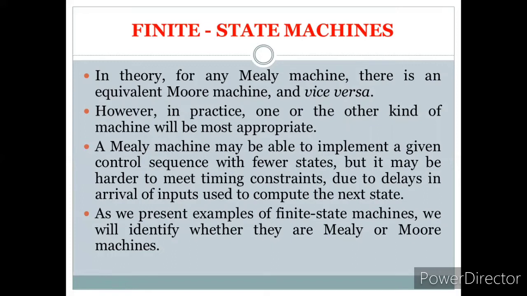So the advantage of the Mealy machine is that it takes fewer states, but there is a problem of meeting the timing constraint because it depends upon the input signal, and the change to the next state takes a certain delay. So this is the drawback of the Mealy machine. We will represent an example of a finite state machine and identify whether it is Mealy or Moore in our next question.